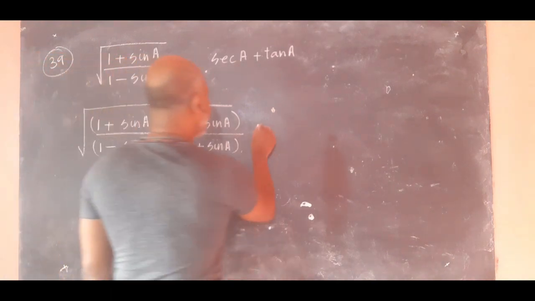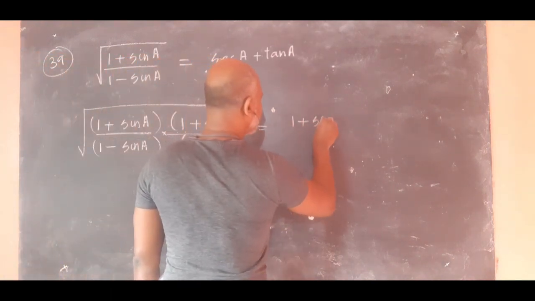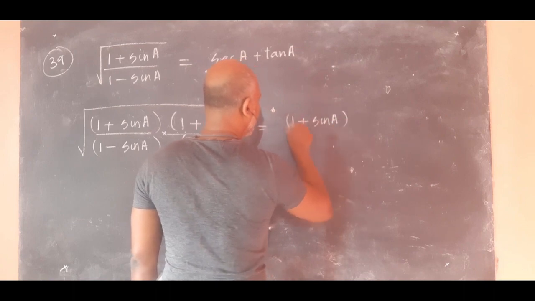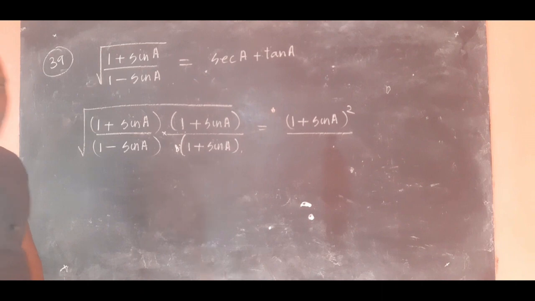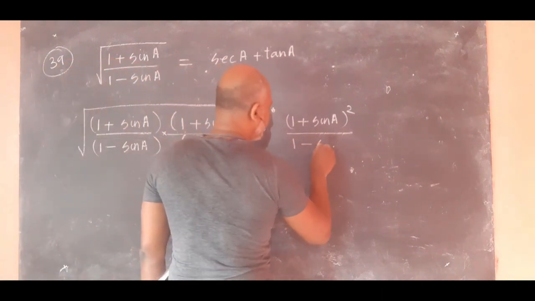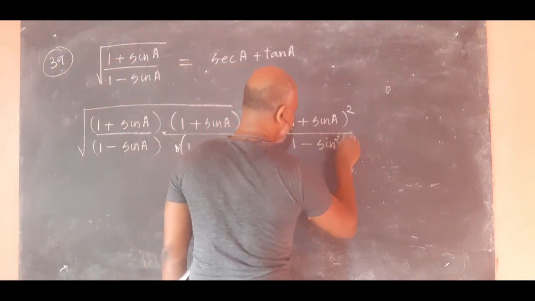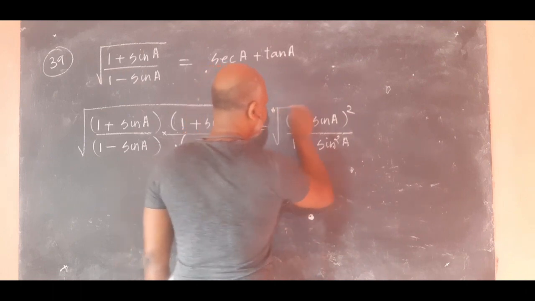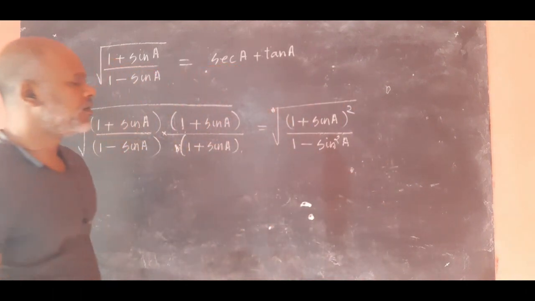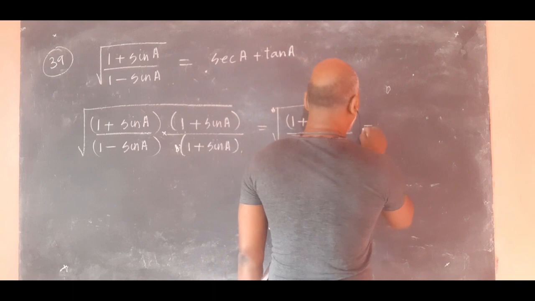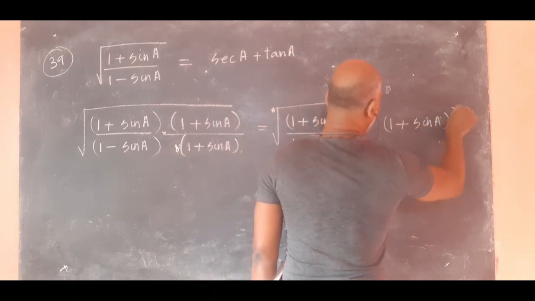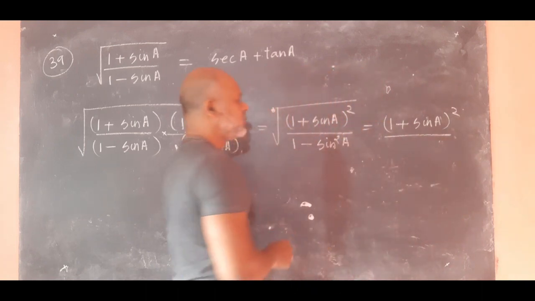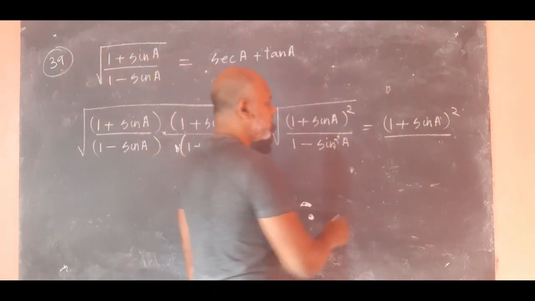So now we have here 1 plus sin A whole square divided by 1 minus sin A into 1 plus sin A, that is 1 minus sin square A, and root. You know that 1 minus sin square A is cos square A.